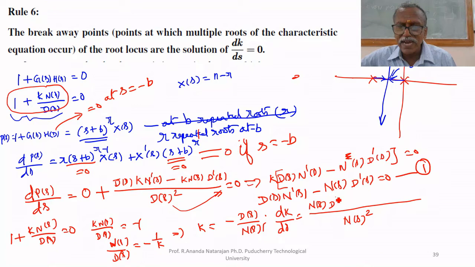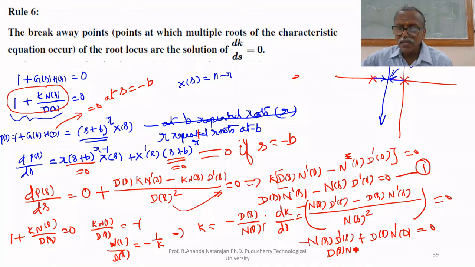Or we can say that n of s d dash of s plus d of s n dash of s equal to 0. Or you can write d of s n dash of s minus n of s d dash of s equal to 0.